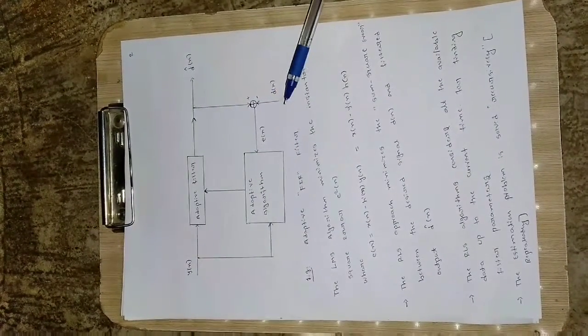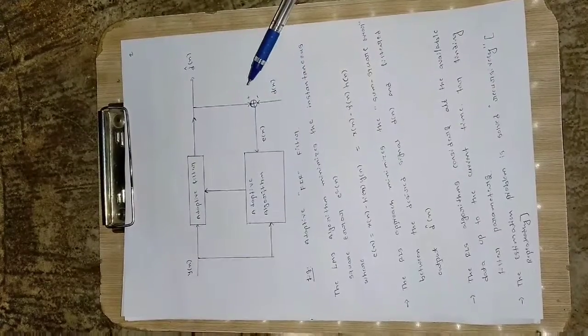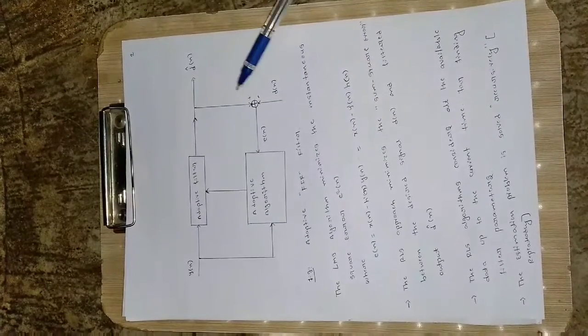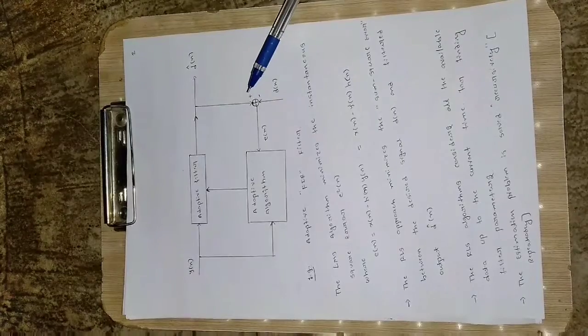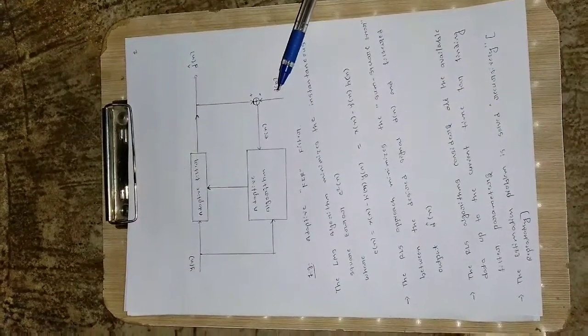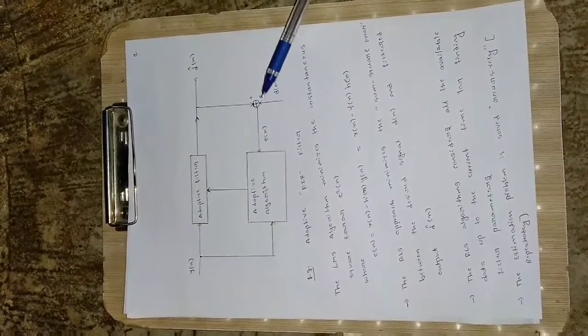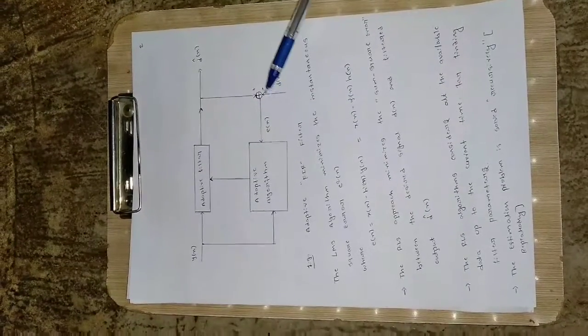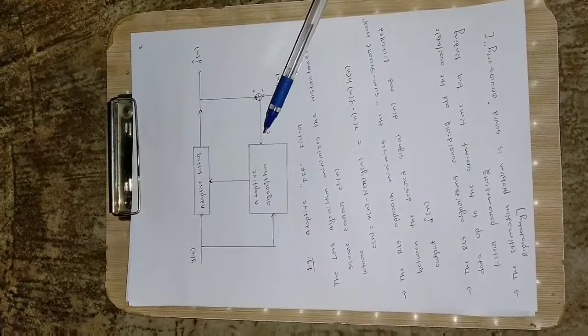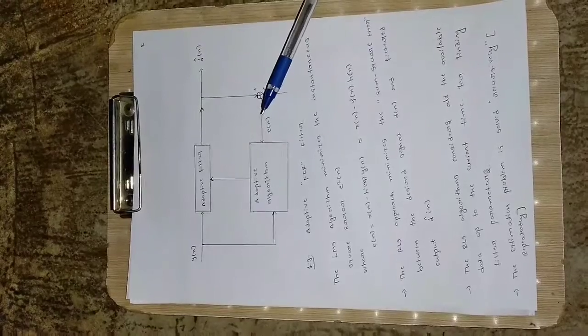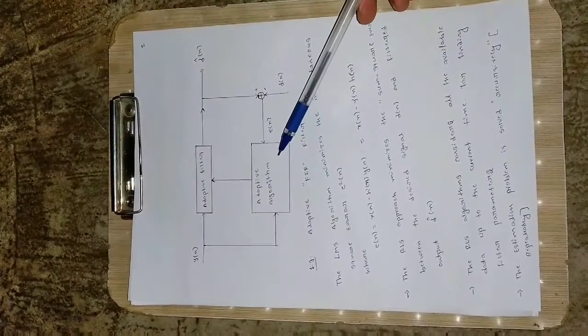The actual signal, that is the desired signal, and the output signal are both compared, or you can say the difference is taken between the actual signal and the output signal. That will give me the error. That error signal is given to the adaptive algorithm. Here the RLS algorithm plays the role.